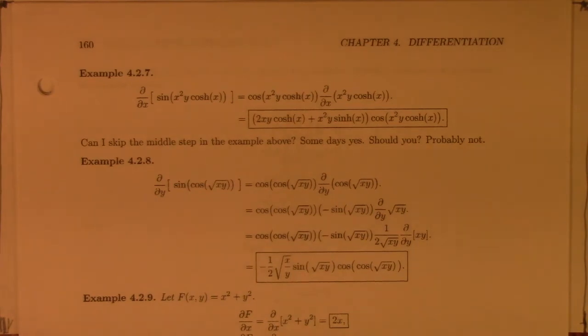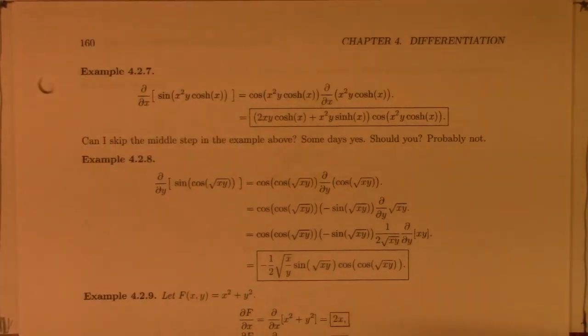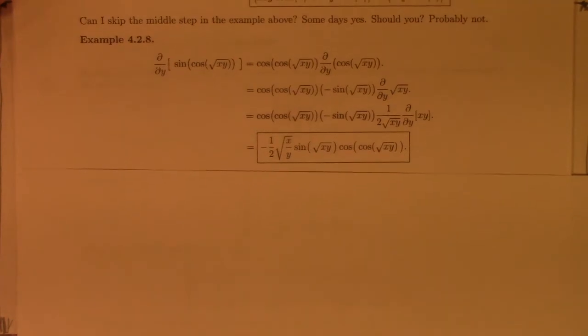Here we go. So here is an example. Derivative of sine of cosine of the square root of xy. So we do cosine of cosine root xy times the partial derivative of cosine xy with respect to y.